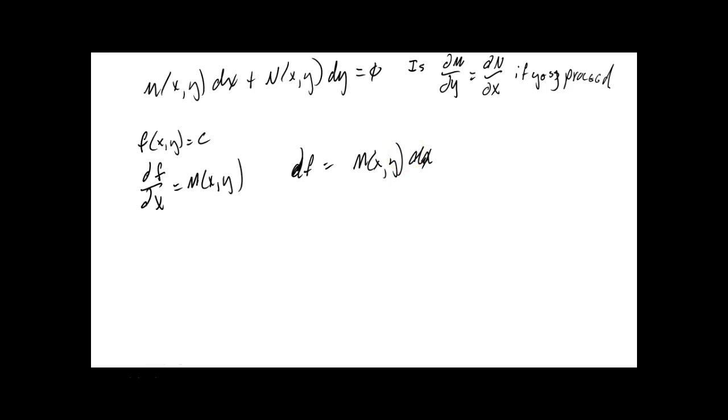But we're going to treat them as if they're not partials, assuming we only have f as a function of x. We're going to hold the y's constant here, and integrate both sides of this, but only with respect to x.